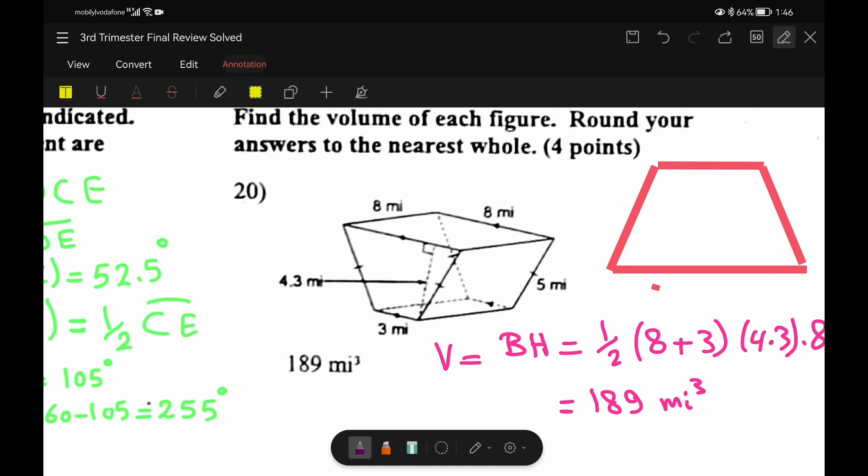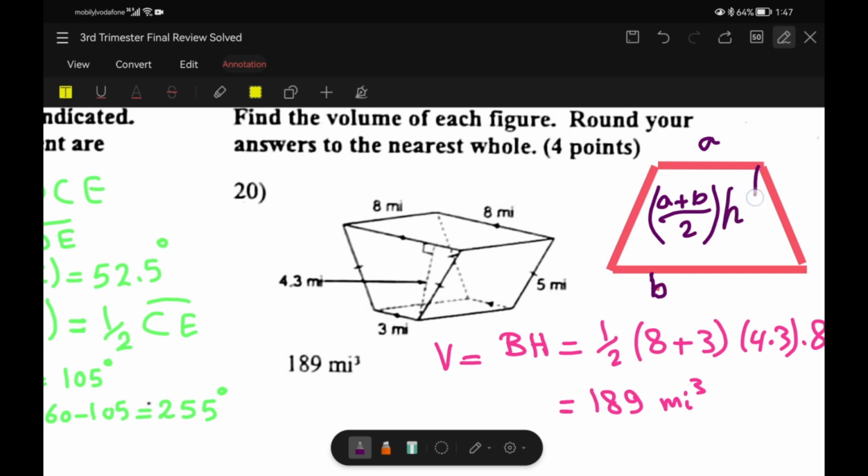Because we need to find the volume. The volume means we need to find the area of the base times the height. So the base is a trapezoid or trapezium. How do we find the area of any shape like that? We call the first base A, and the second base B. So the area equals (A plus B) over 2 times the height.